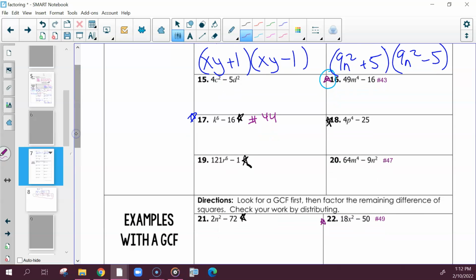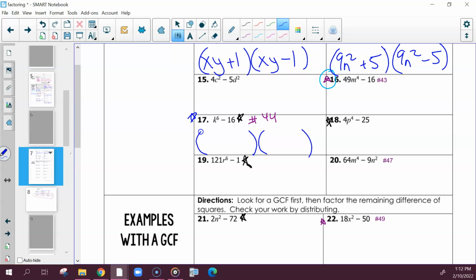For number 17, what would our two factors be? Remember, if your exponent is not 2, you need to divide it by 2.